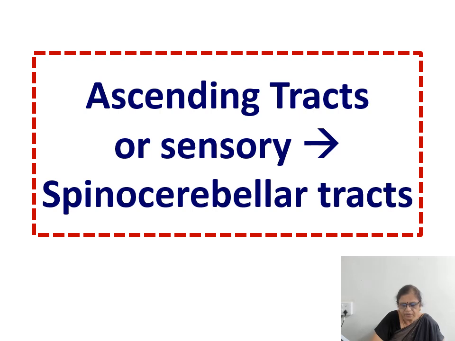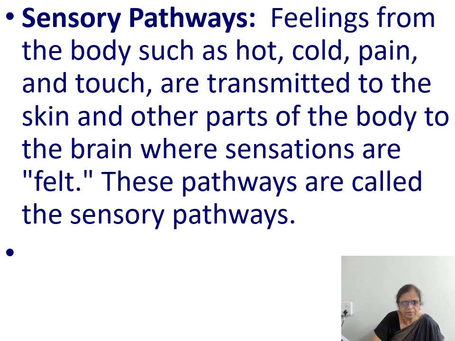So today is about spinocerebellar tracts, two types. They are called dorsal and ventral spinocerebellar tract. As the name indicates, the word spino indicates it is definitely a sensory or ascending tract, finally ending on the cerebellum. So this is a little bit easy to remember.